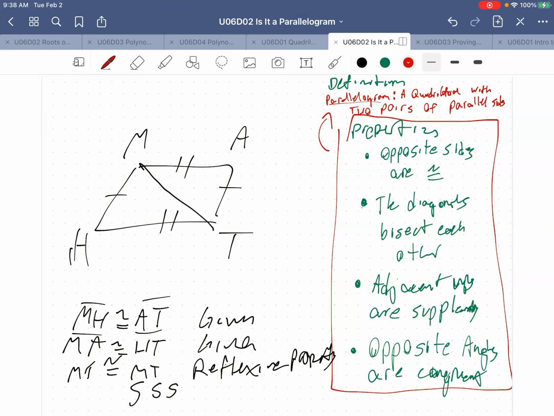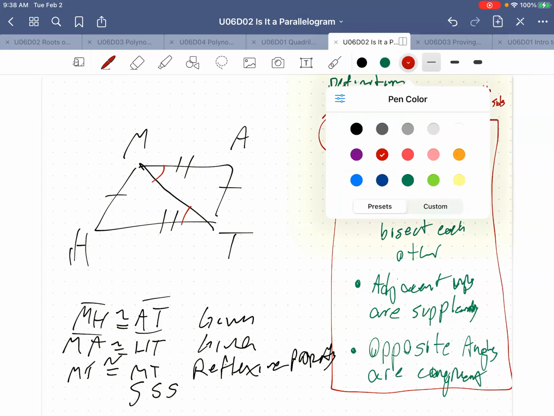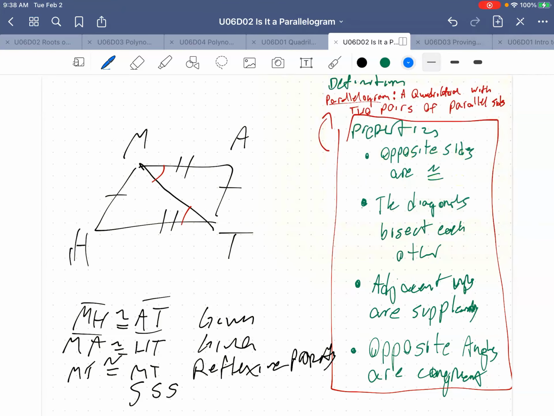So that will make angle MTH congruent to angle AMT, which implies that side MA is parallel to side HT by the converse alternate interior angle theorem. So the angles are congruent by CPCTC, and the sides are parallel by the converse alternate interior angle theorem.